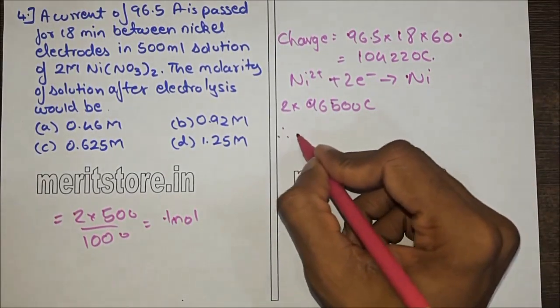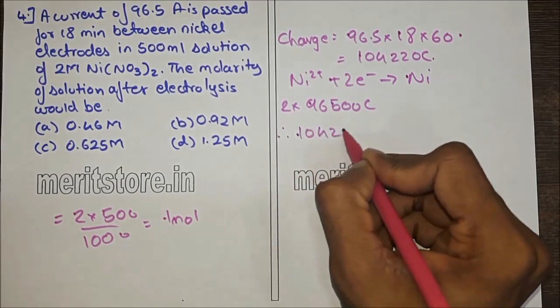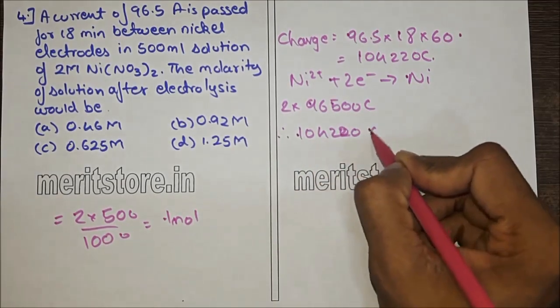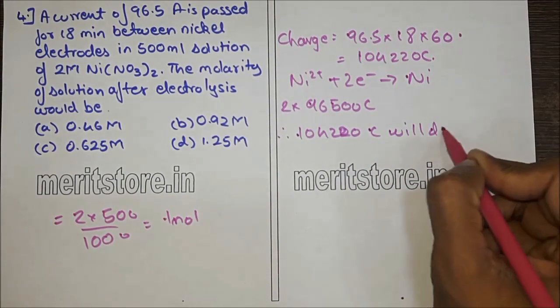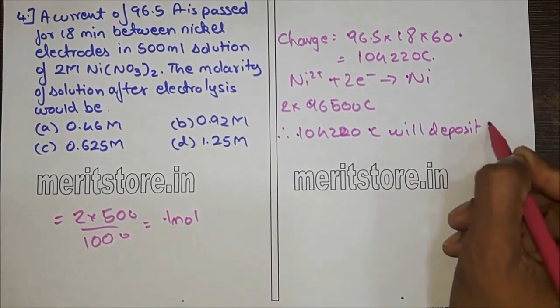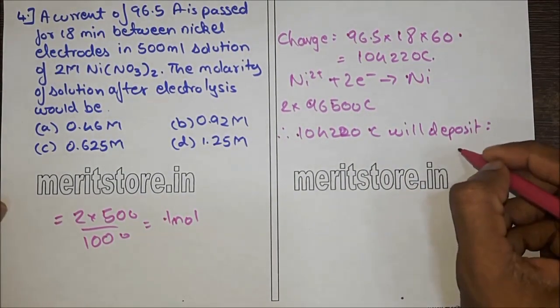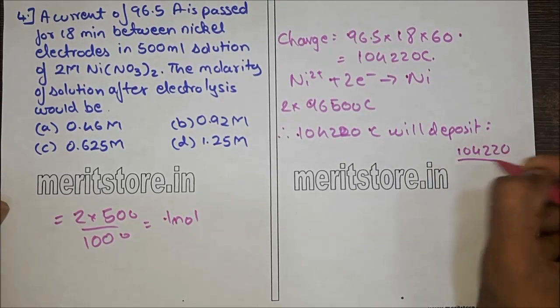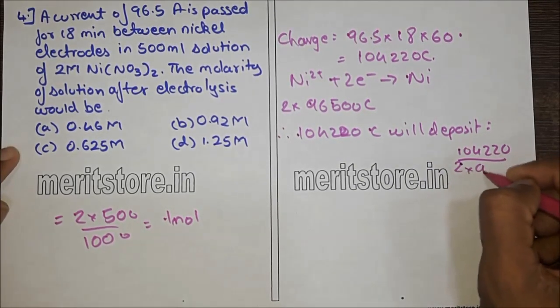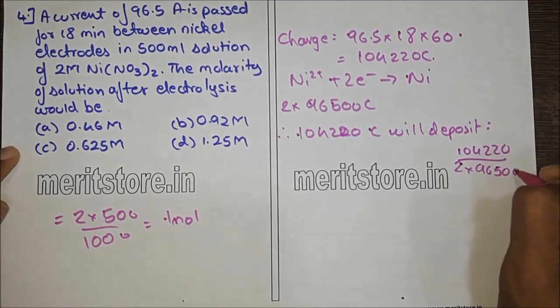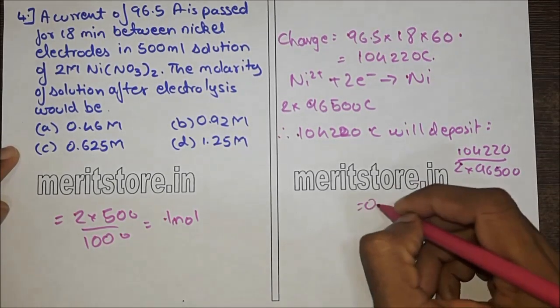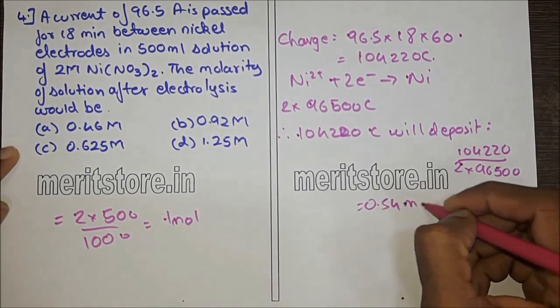Therefore 104,220 coulombs will deposit 104,220 upon 2 into 96,500. Solving this further, we get 0.54 mole.